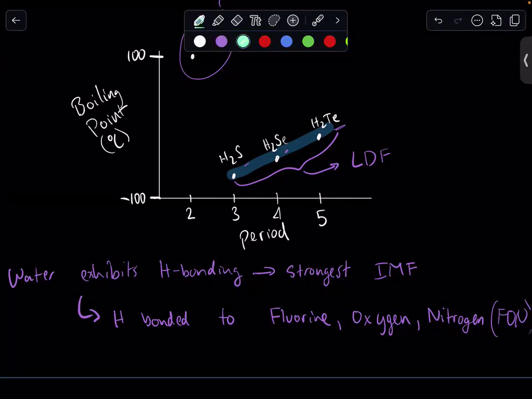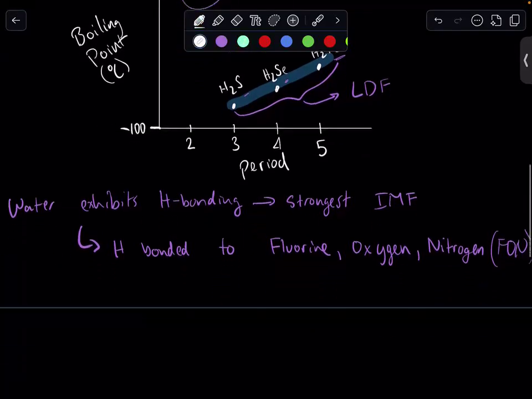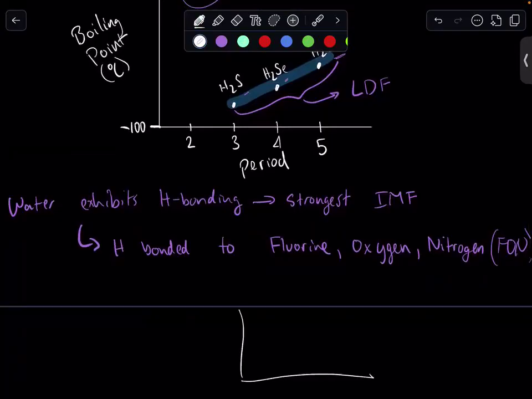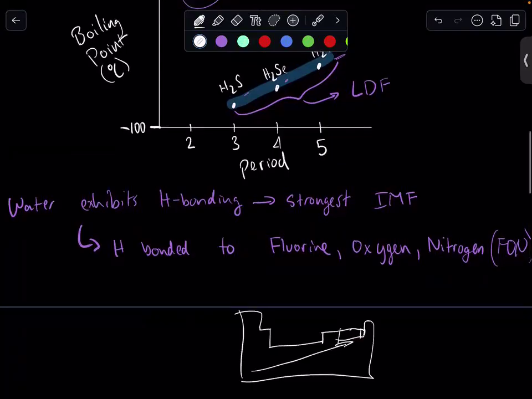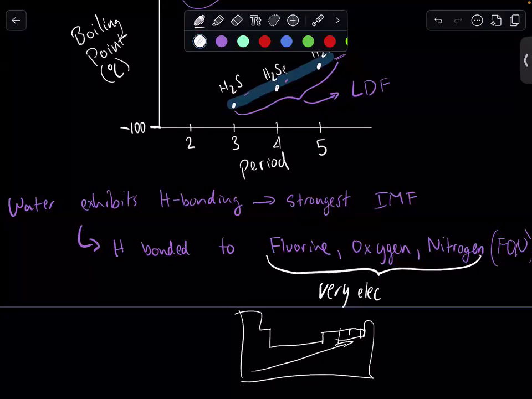But what makes those three elements so special? Well, if we look at their position on the periodic table, just draw a quick table here, they exhibit properties and are found in these spots, the top right, with fluorine being part of it. These are all very, very electronegative.